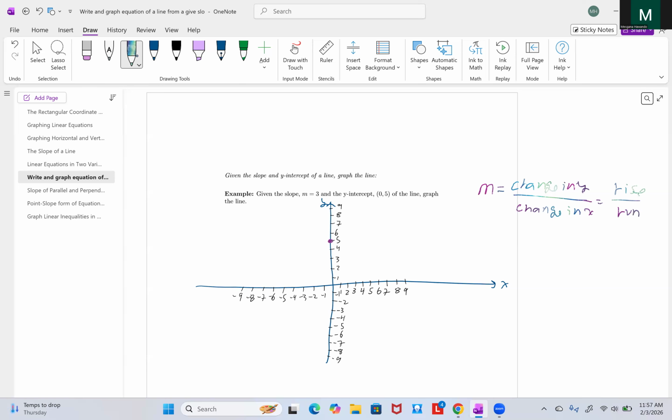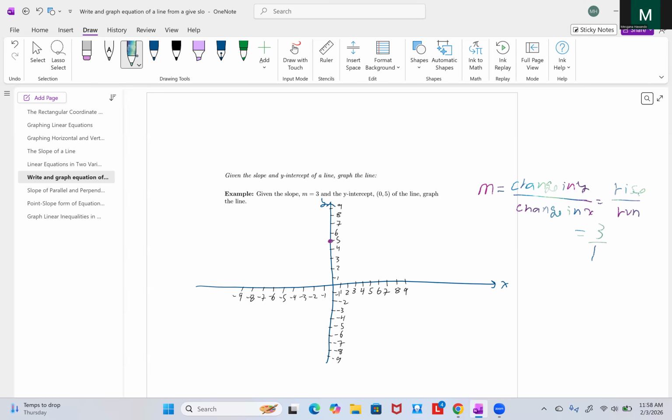We know one point on the graph, the y-intercept. This will be our starting point. From this y-intercept, the change in y is the rise, which in this case is equal to 3, and the run is 1.